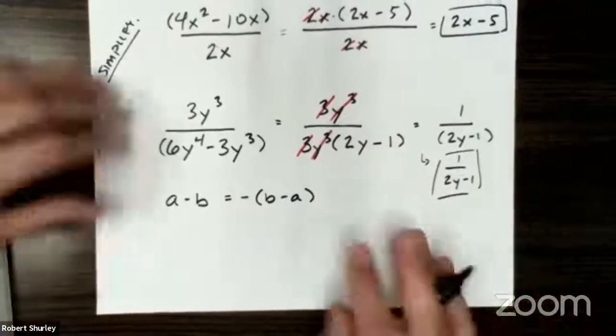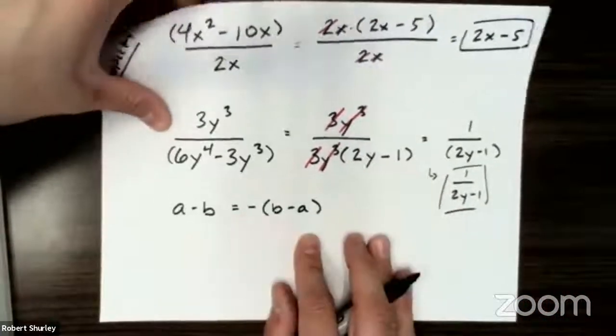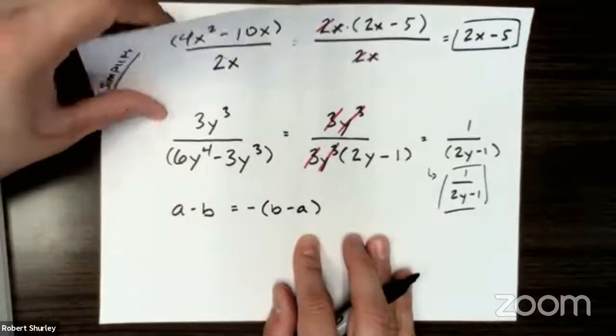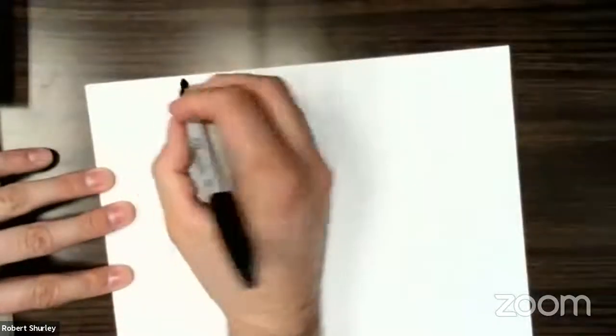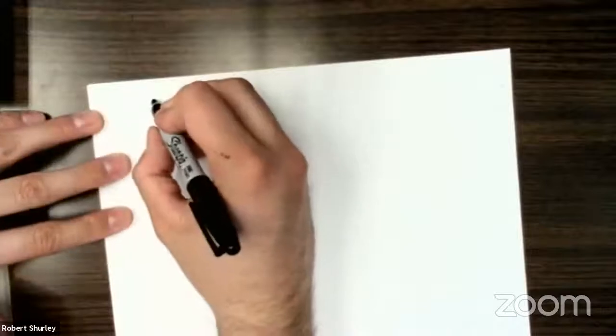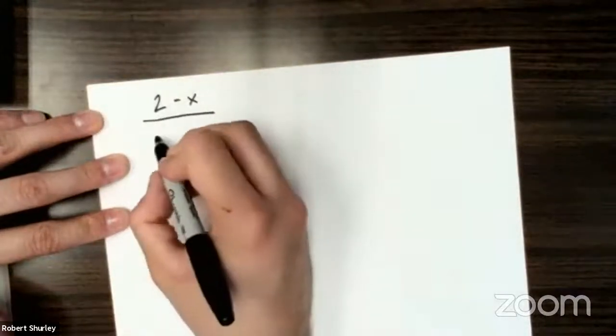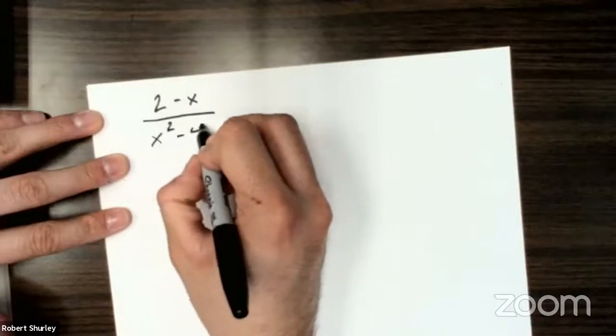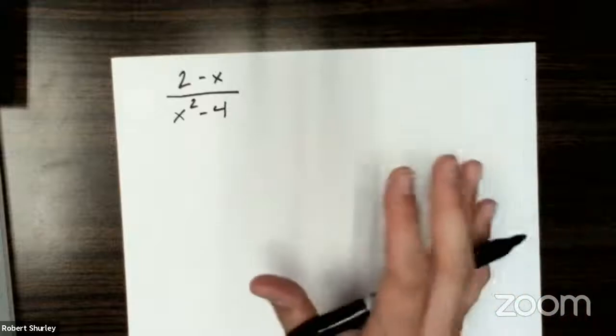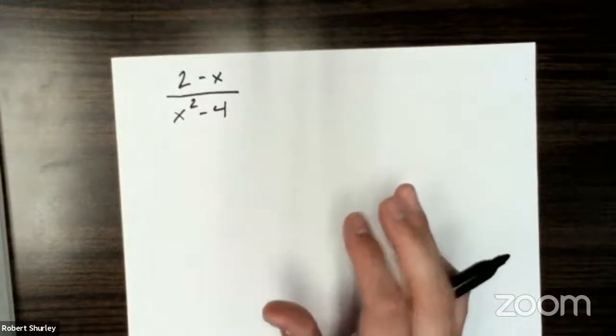So let's say we've got, I'm going to use this as an example, okay? Let's say for this example, we've got 2 minus x over x squared minus 4. Now remember, this is all simplified completely, okay?